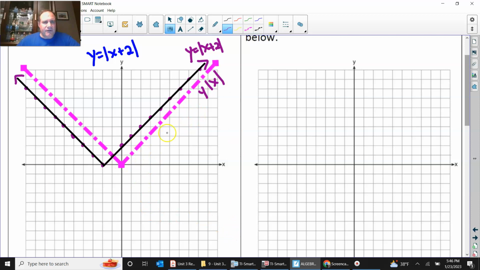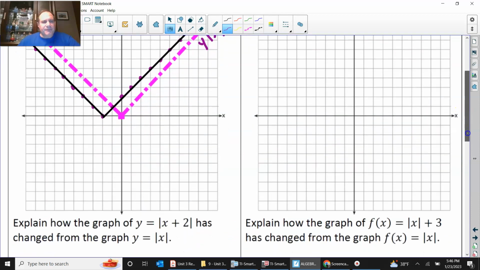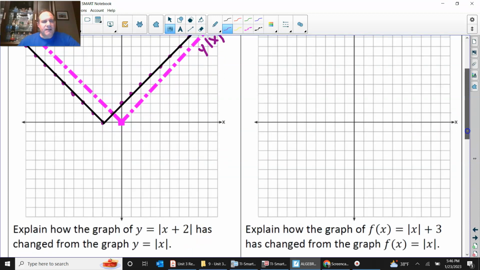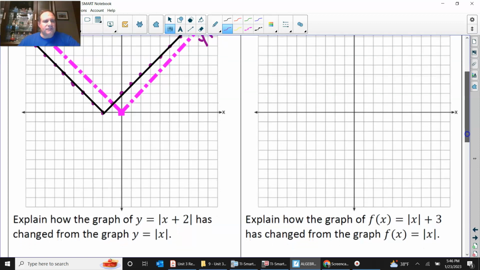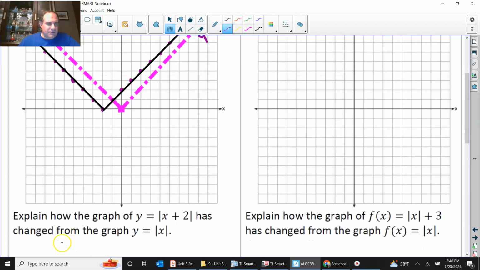This is the parent function. So what happens now? It says to describe, explain how the graph of the absolute value of x plus 2 is changed from the graph of the absolute value of x. It just translated, or moved, 2 to the left.